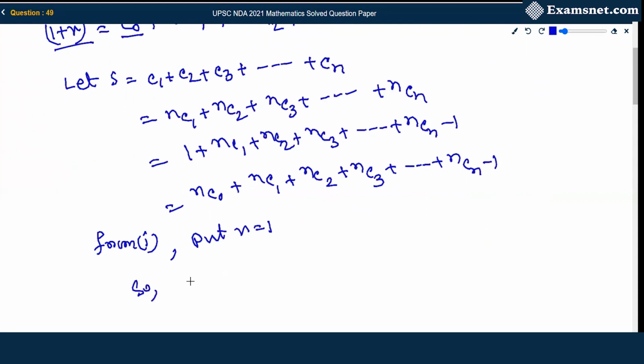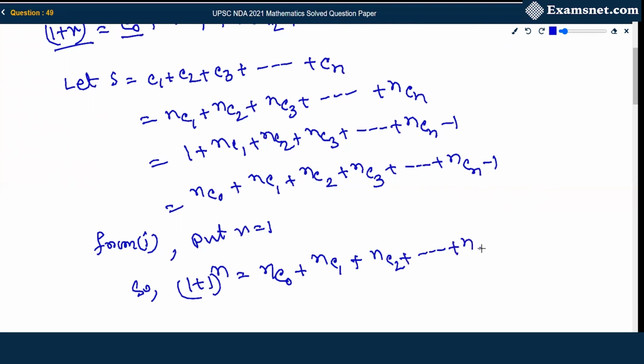So it becomes (1 plus 1) whole to the power n, and it also becomes nC0 plus nC1 plus nC2 plus dot dot dot up to nCn, right? So here it would be 2 to the power n equals nC0, nC1, nC2 plus dot dot dot up to nCn, right?